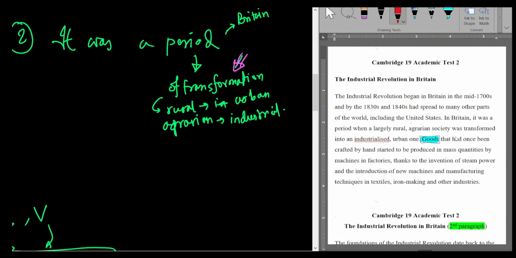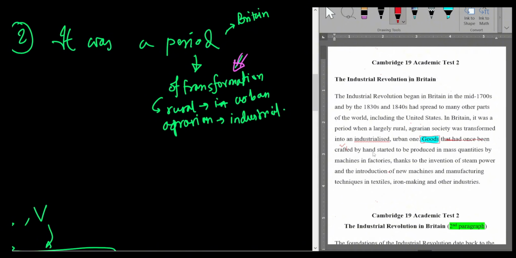So this is our verb 1 in a relative clause, right? So we will ignore the part until we get a second verb.